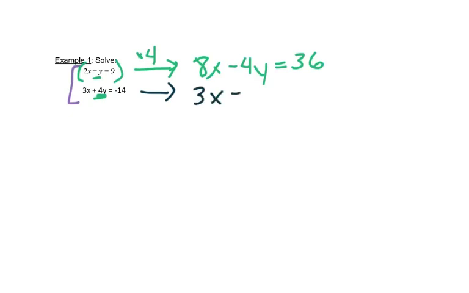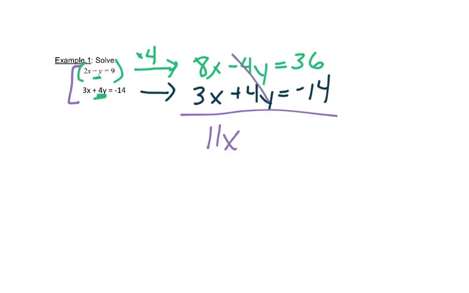So I have 3x plus 4y equals negative 14. And then I'll add those two equations together. So here's where things are going to cancel out. So I have 8x plus 3x is 11x. Negative 4y plus 4y cancels out, equals, and 36 plus a negative 14 is 22.